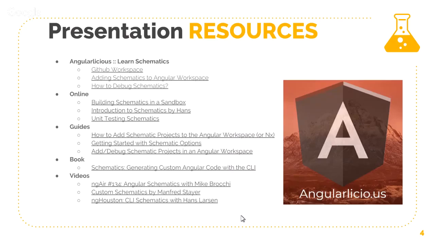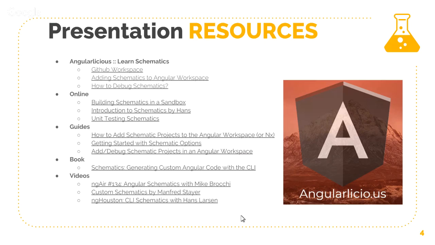So talking about the resources again, the GitHub account basically has the sample Angular Workspace with schematic projects, the different schematics, the setup, how to build, test, debug, etc., all these different things. I've added some online links. I've created 3 guides, PDFs that you can download.